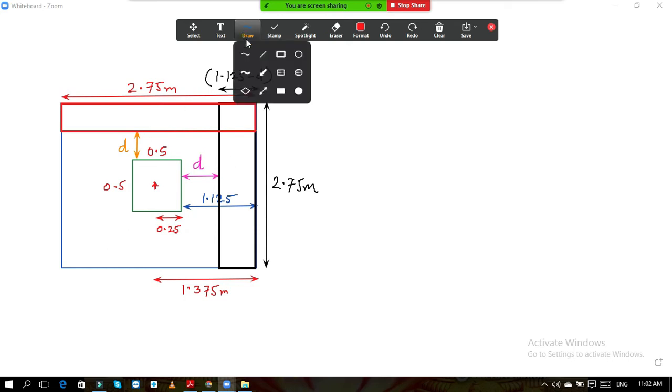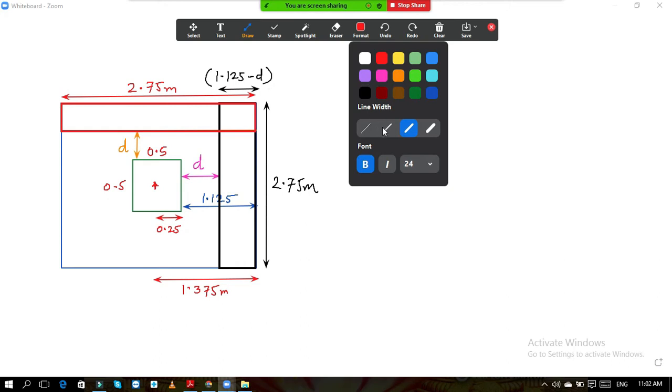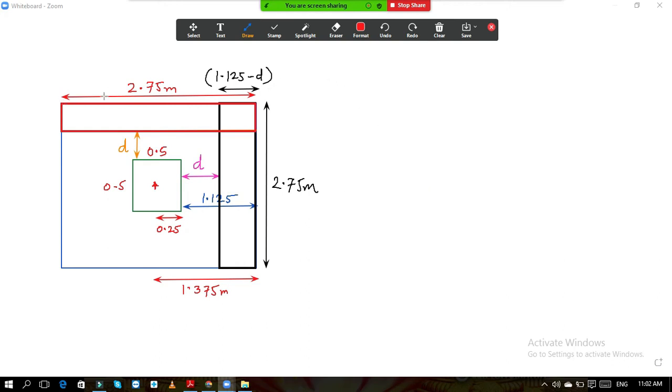Okay. So now here our footing is rectangular footing, sorry, square footing. So there is no question of plus and minus over here. So this distance, this is again, it is 1.125 minus d.